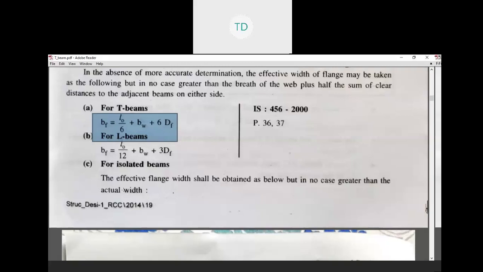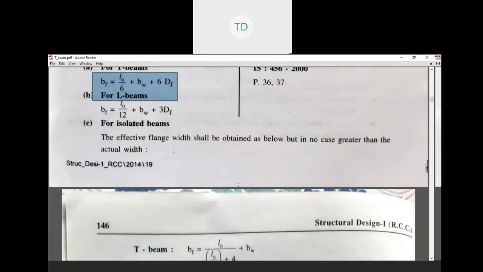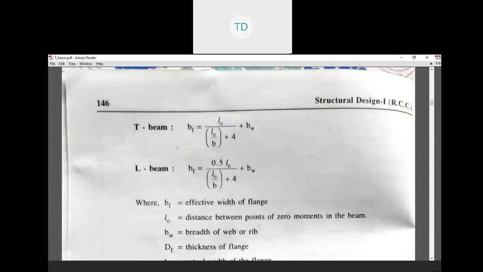For isolated beam, the effective flange width shall be obtained as below, but in no case greater than the actual width. The equation for isolated T-beam is BF is equal to L0 divided by (L0 by B plus 4) plus BW.